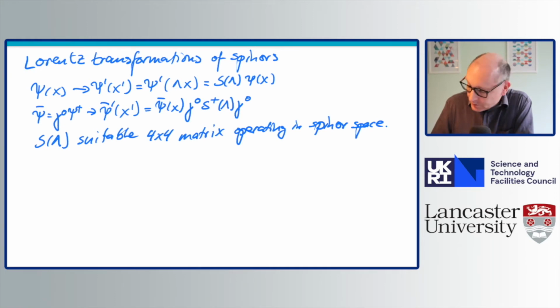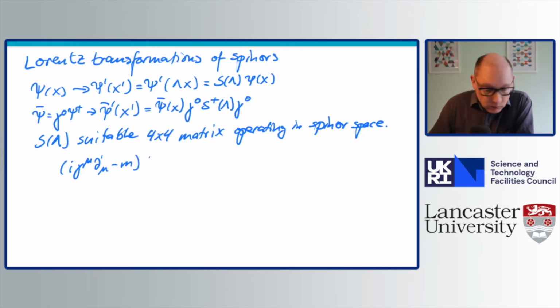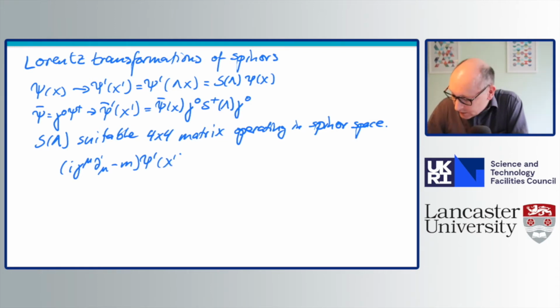Now let's look at some of the properties that this S must fulfill. If we look at the Lorentz transformed Dirac equation, that will obviously say i gamma mu d bar mu minus m acting on psi prime of x prime, and what we want is that the Dirac equation is Lorentz invariant.